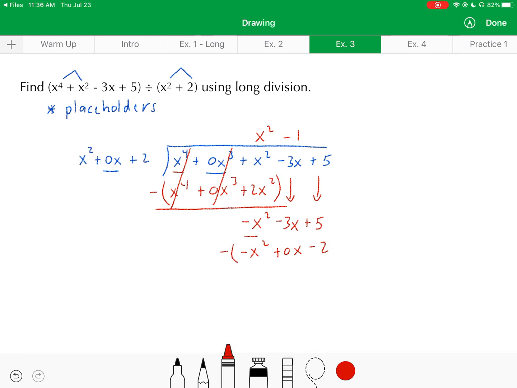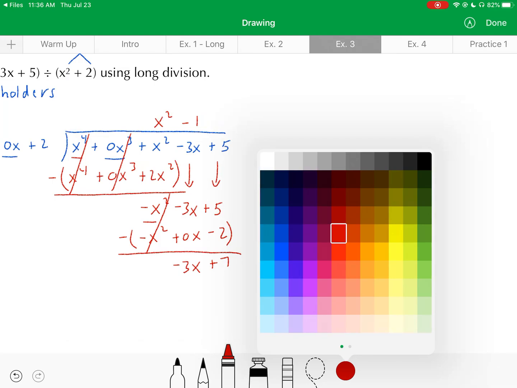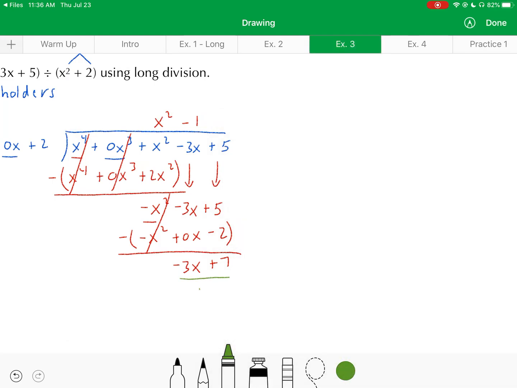All right, so those cancel out, and you're left with negative 3x plus 7. And notice there's nothing left to bring down. So this negative 3x plus 7 is your remainder. This is the first example where we've had a remainder.